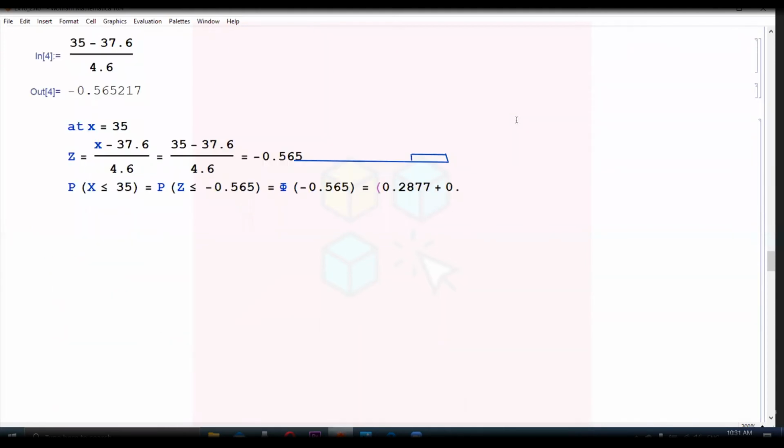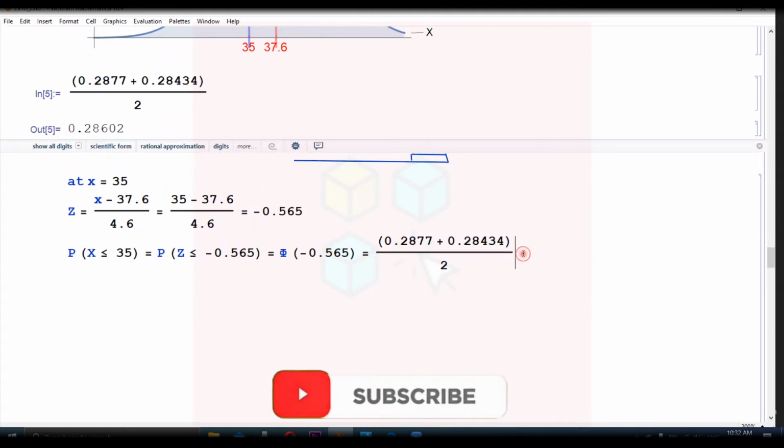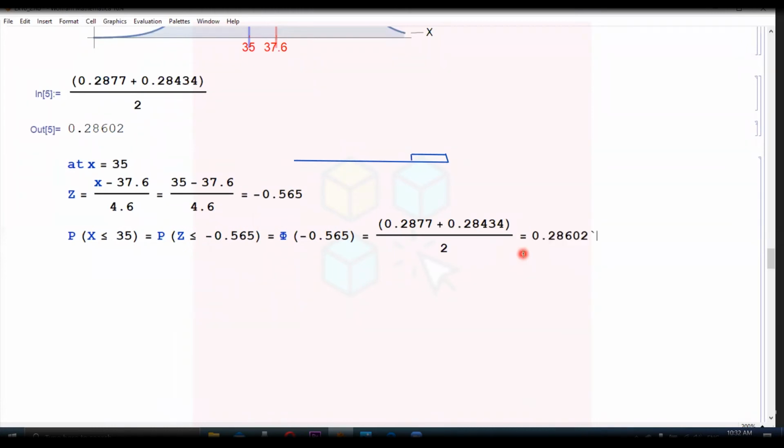So 0.2877 plus the other value, divided by 2. So the answer is 0.28602.